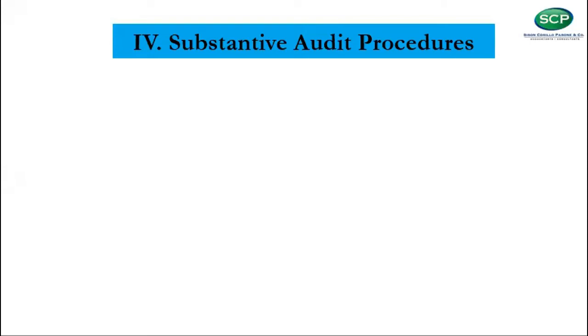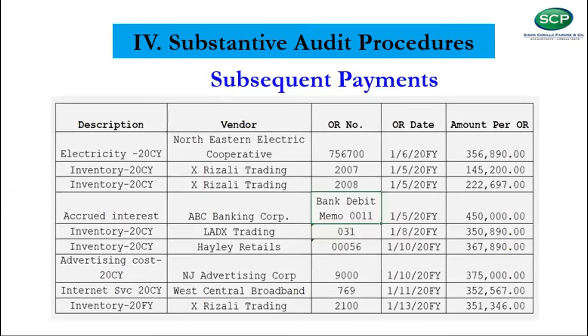So let's say, based on your review of the disbursements made by the company in January of the following year or 20FY, you noted that the following payments made to the selected vendors for testing and subsequent payments to be above or equal to your testing scope of 350,000. So let's say, ito yung subsequent payments na ginawa nung company na tinetest natin kanina for AP and accrued expenses. So these are the subsequent payments made.